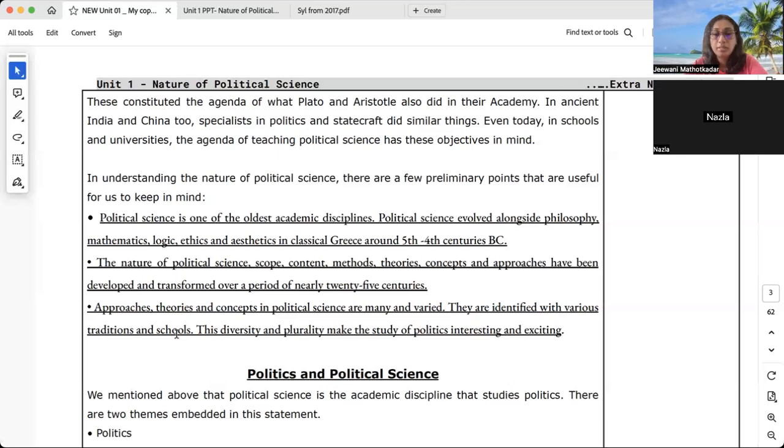Next one, approaches, theories, and concepts in political science. Approaches, theories, and concepts in political science are many and varied. They are identified with various traditions and schools.